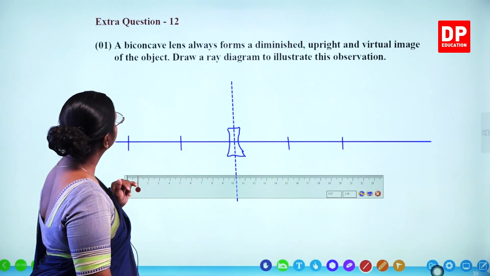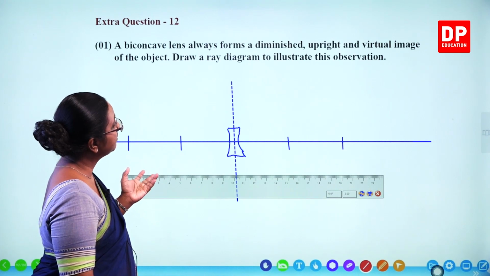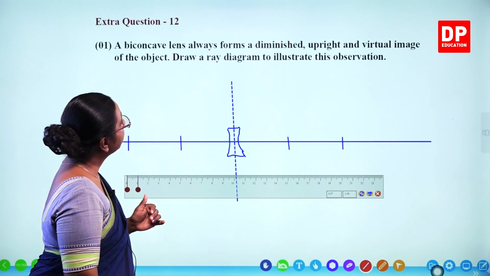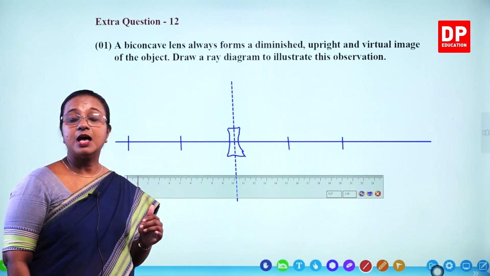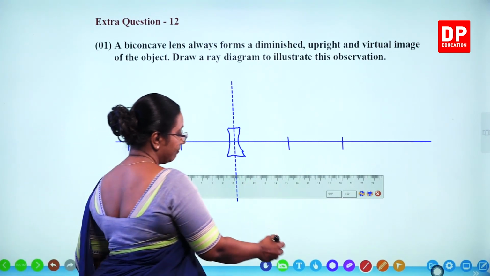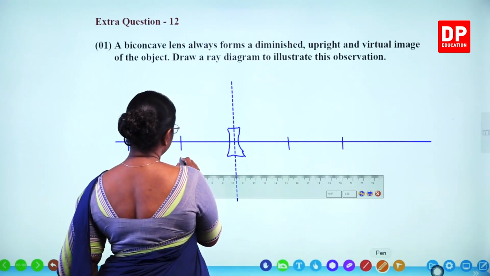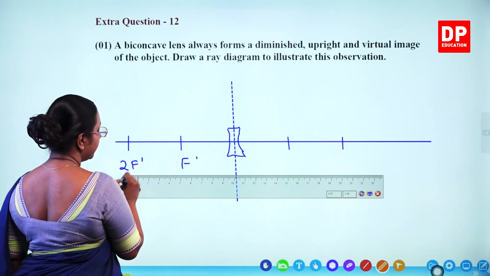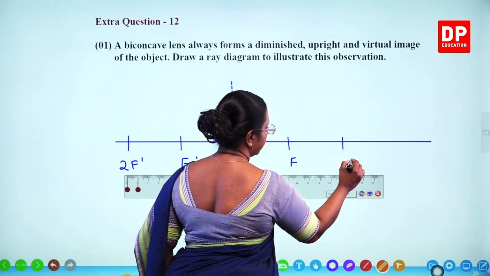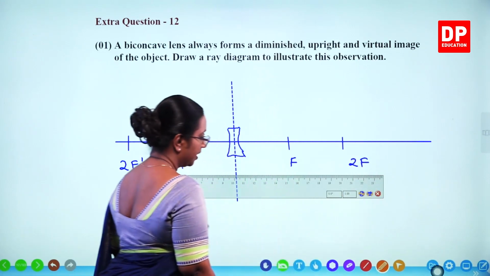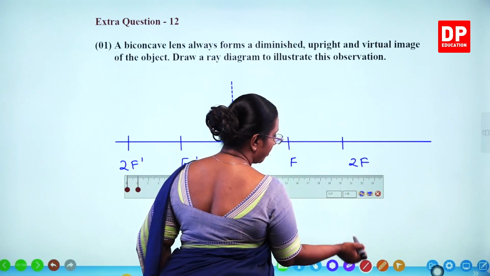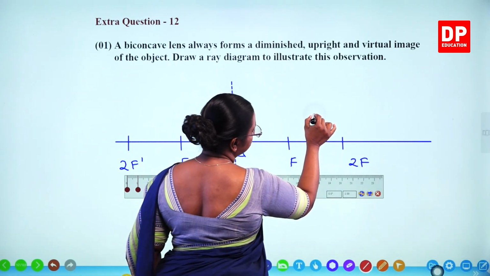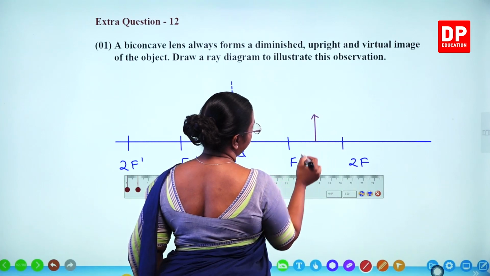A biconcave lens always forms a diminished, upright and virtual image of the object. Draw a ray diagram to illustrate this observation. So I will mark F dash, 2F dash, F and 2F there. Let's say we will draw an object between F and 2F. So that is the object.